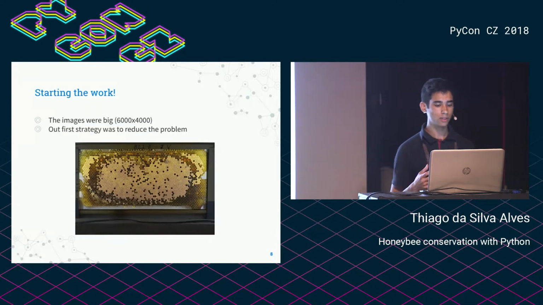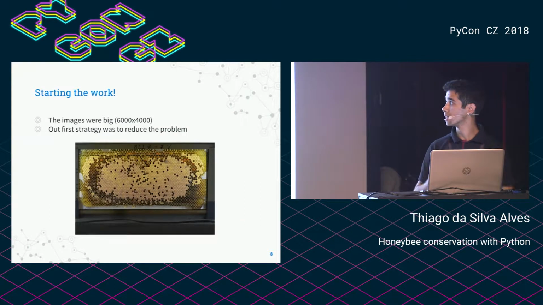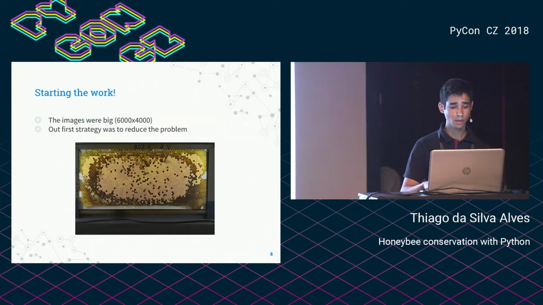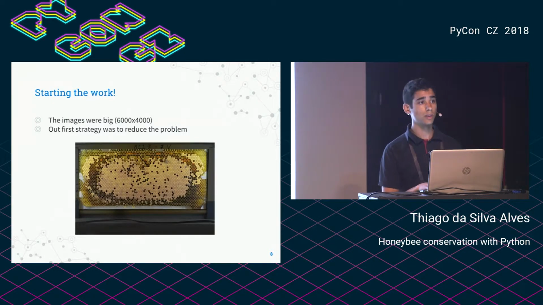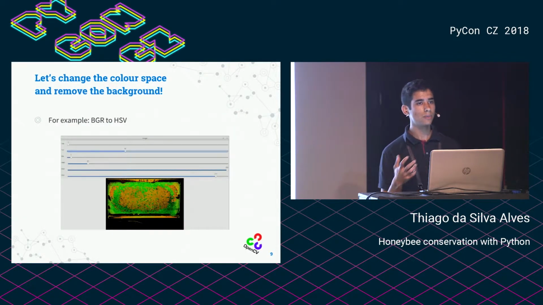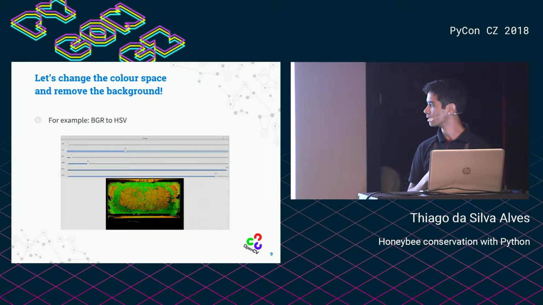The first thing that we thought would be necessary was to reduce the problem, because the images were big, like 6,000 by 4,000. So we needed some way to segment only the cells part, the cells area. The first strategy that we had was to work with OpenCV and try in some way to change the color spaces and see if we could filter the colors and remove the background.